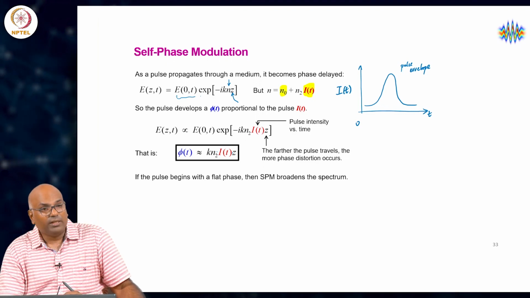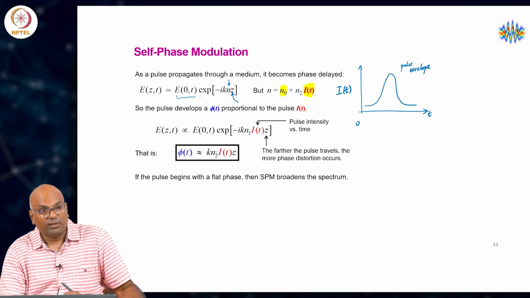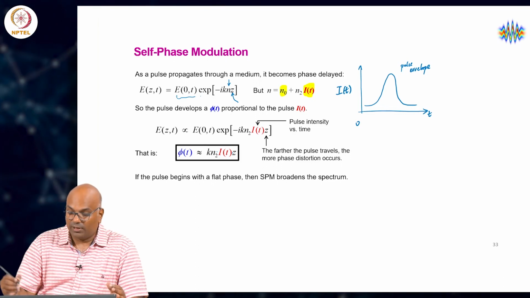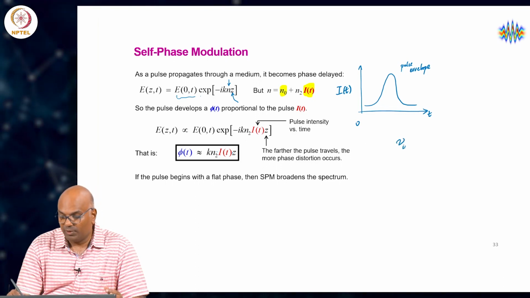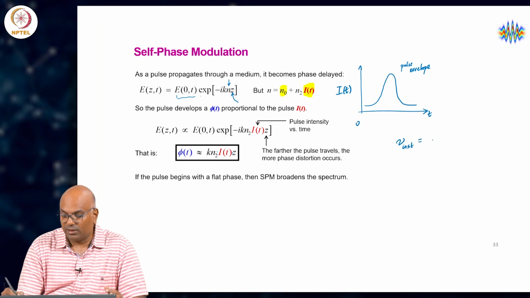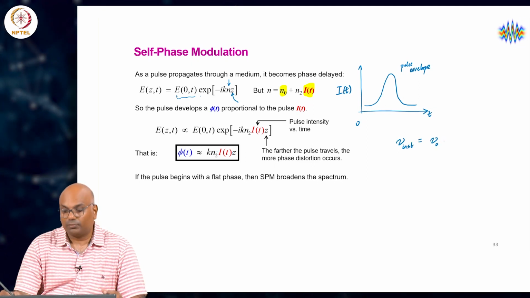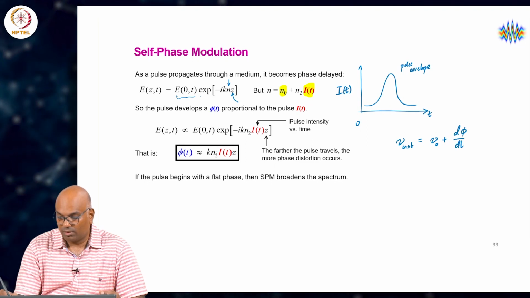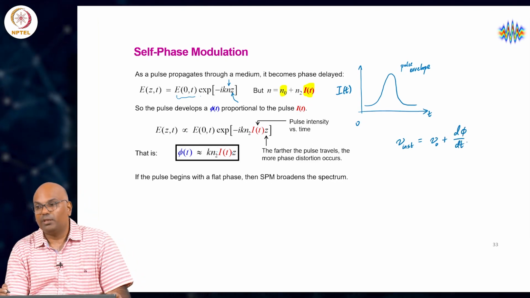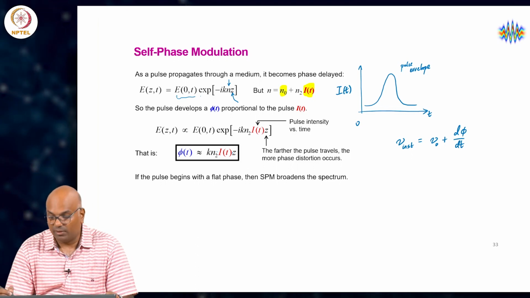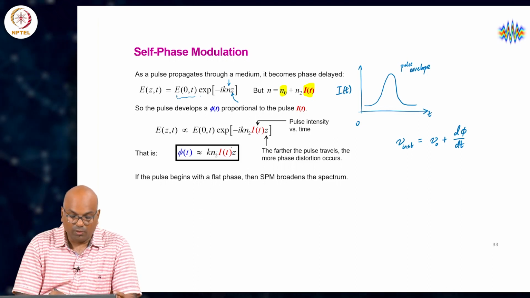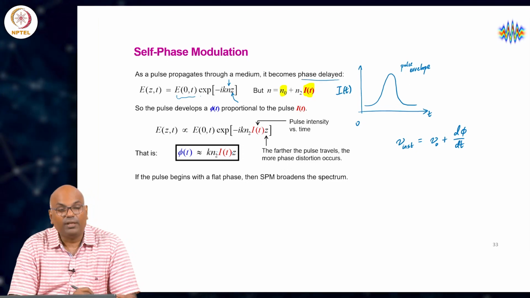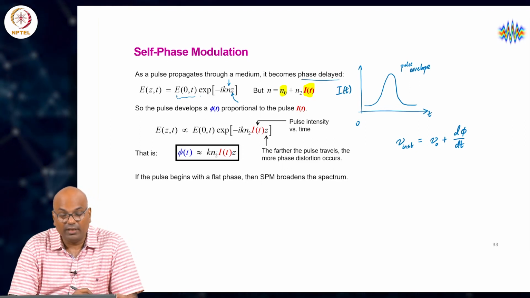Now, phi is a time dependent phase, as we did earlier in the arguments leading us up to instantaneous frequency. Remember, we had nu instantaneous is equal to nu naught plus d phi by dt. Recall that we had done something like this earlier. So, now we have a time dependent phase delay being introduced by the nonlinearity in the medium.